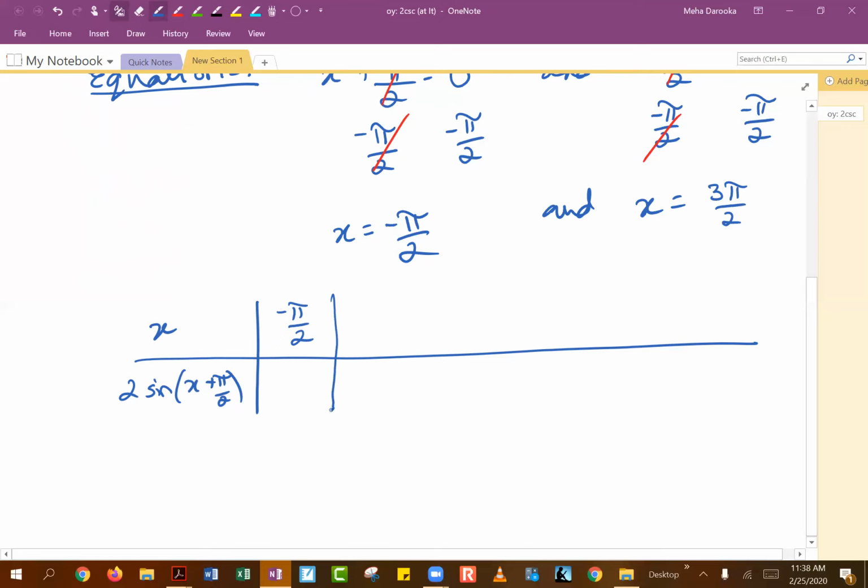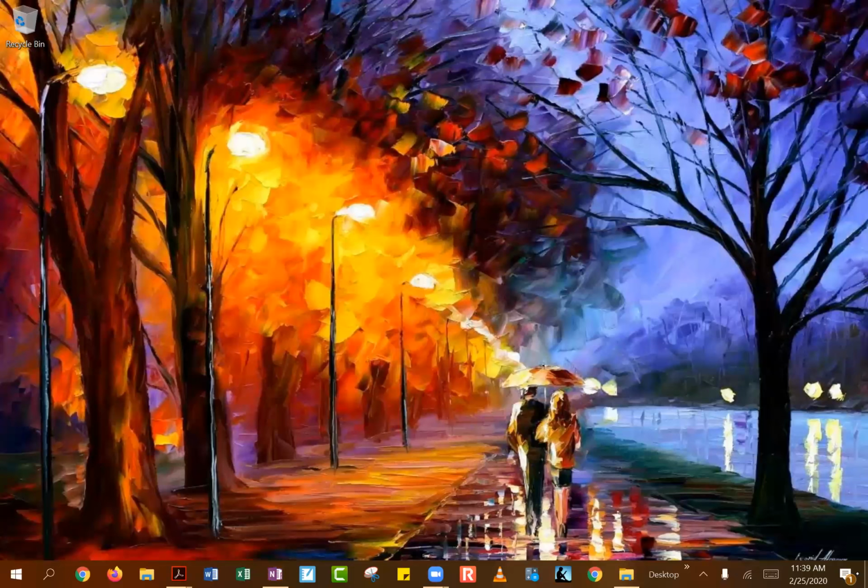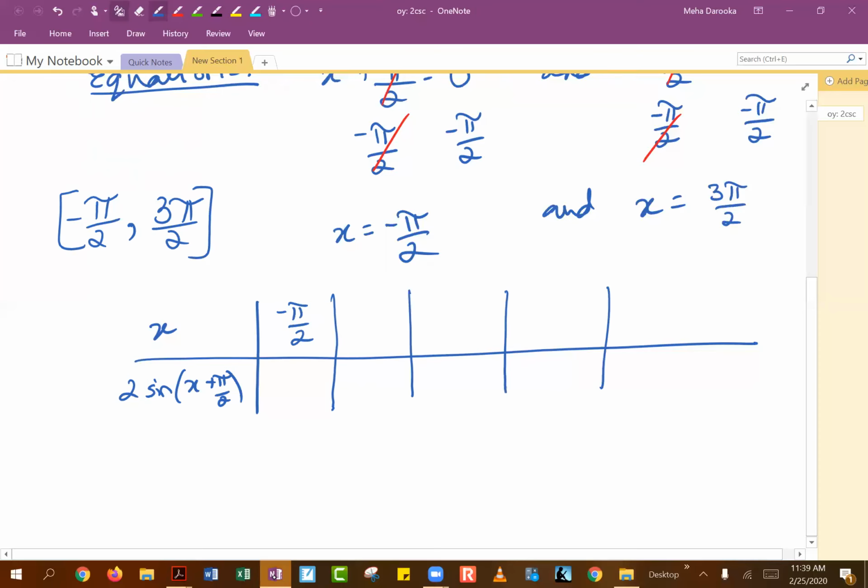What should our next x value be? Because we're going from negative pi halves to 3 pi halves. And then the last one here would be 3 pi halves. What's halfway between negative pi halves and 3 pi halves?